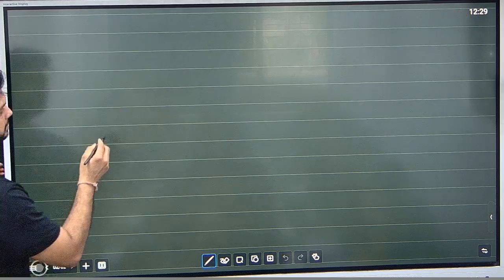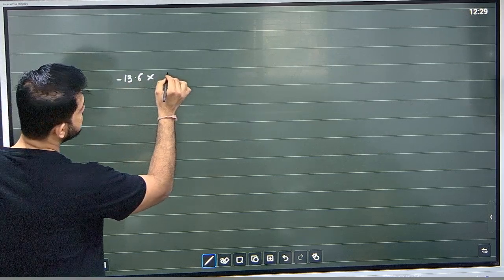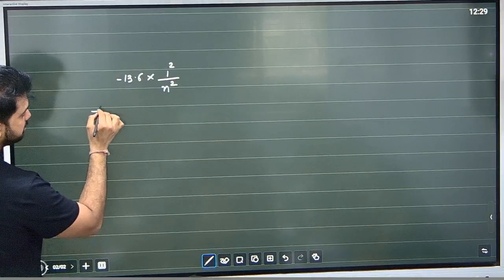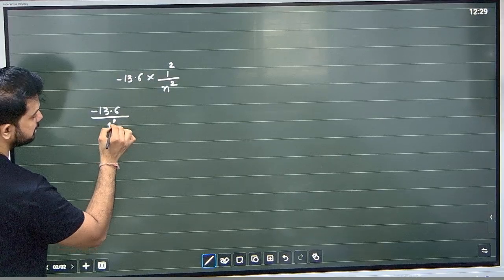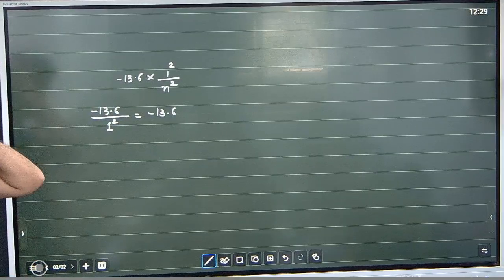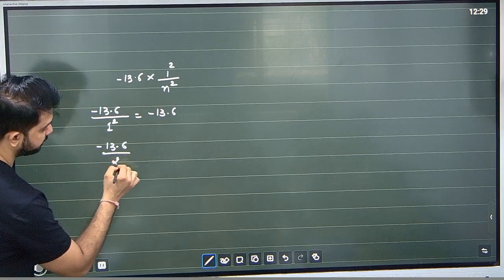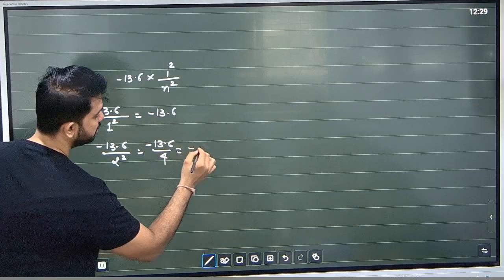I repeat, I have negative 13.6 into z square is 1 square upon n in the first orbit. N का value is 1, so answer कितना होगा? Negative 13.6. Put n is equal to 2. What do you get? Negative 13.6 upon 4.